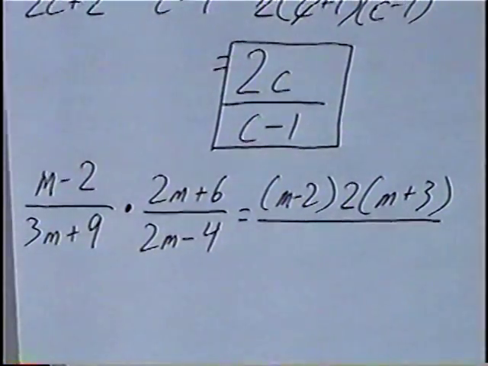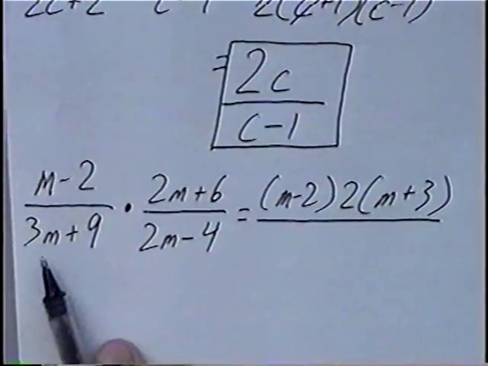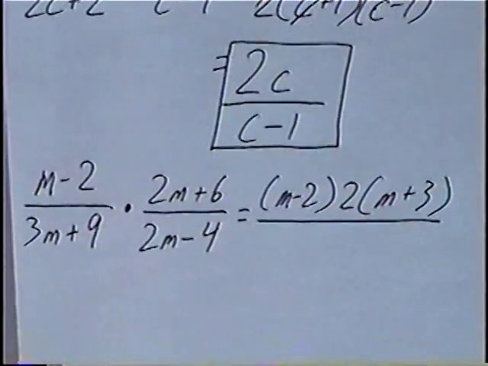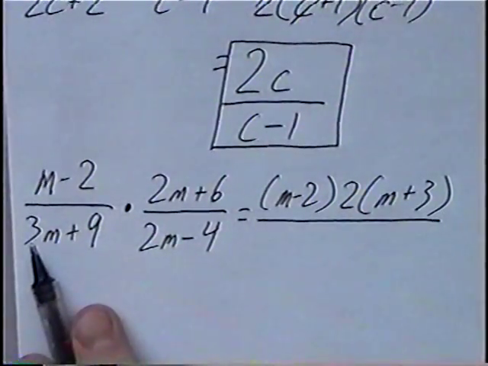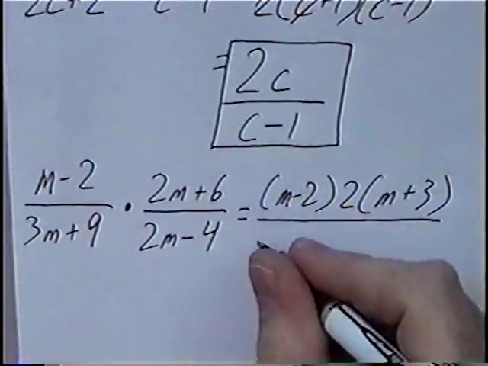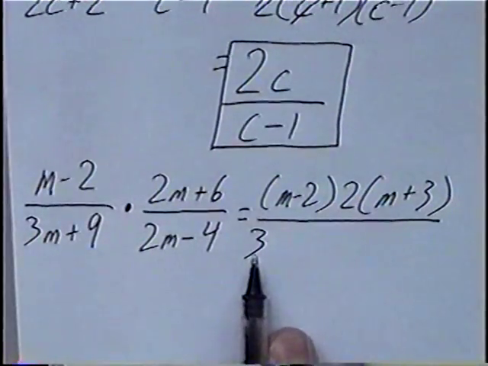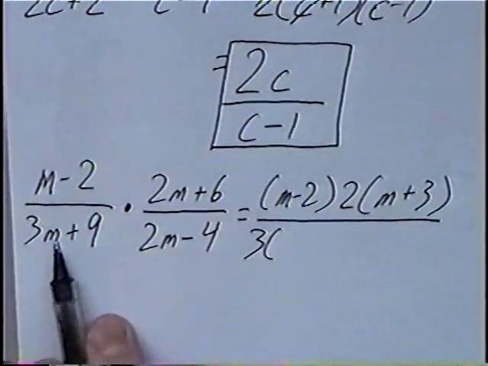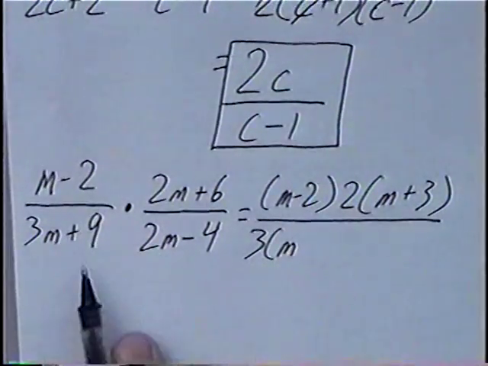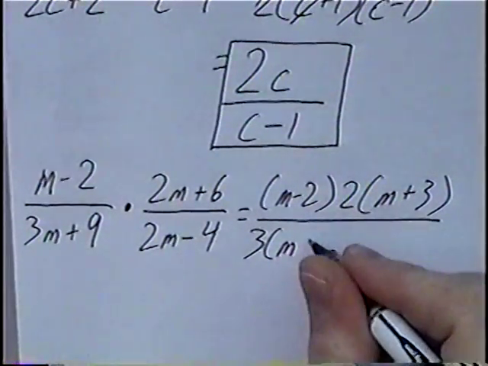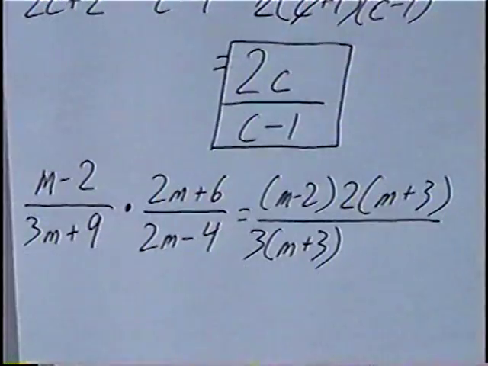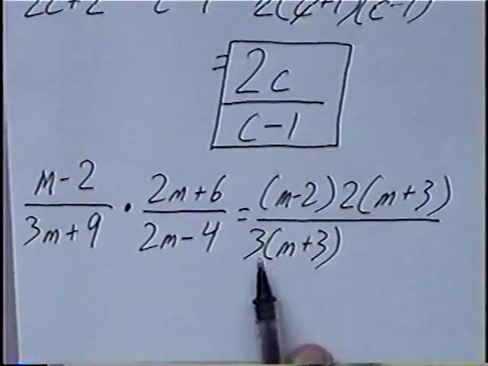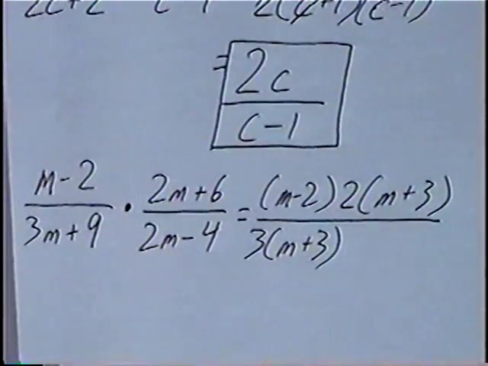Drawing the fraction line, the denominator, we have 3m plus 9. And again, factoring when possible, 3 and 9, we can divide each of those by 3. Opening parentheses, dividing by 3 will be left with m, and dividing by 3 will be left with 3. So 3m plus 9 factors to 3 times m plus 3.